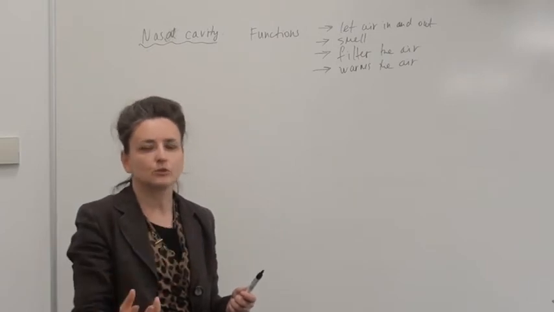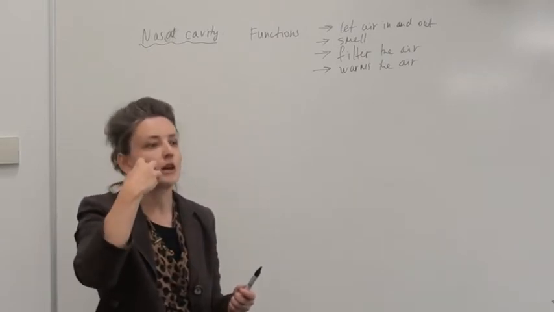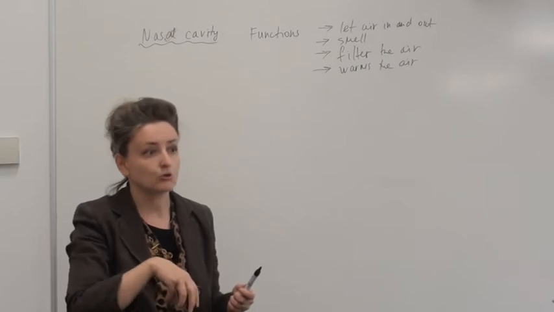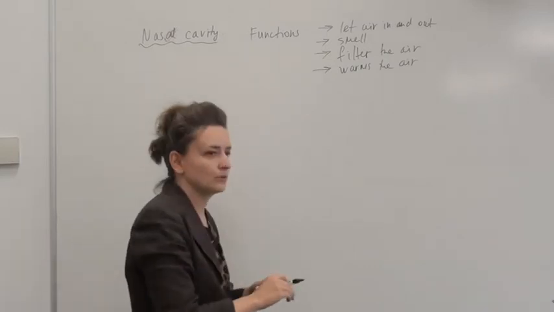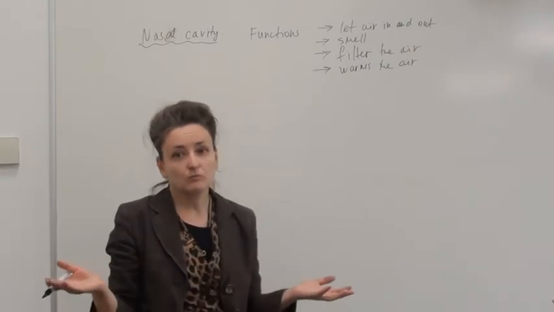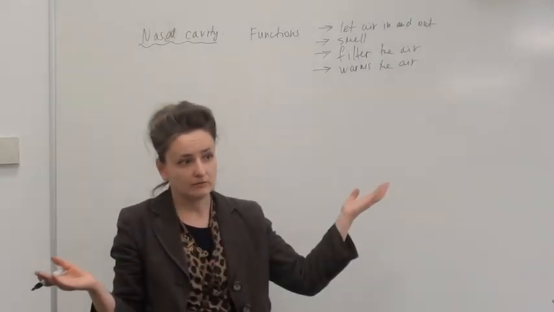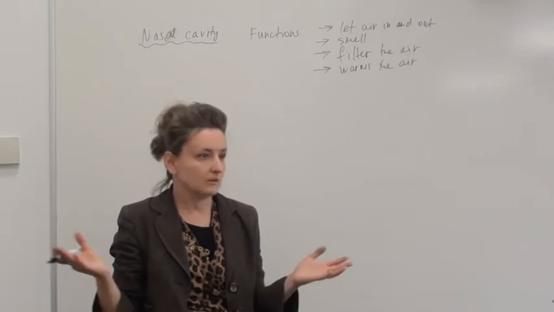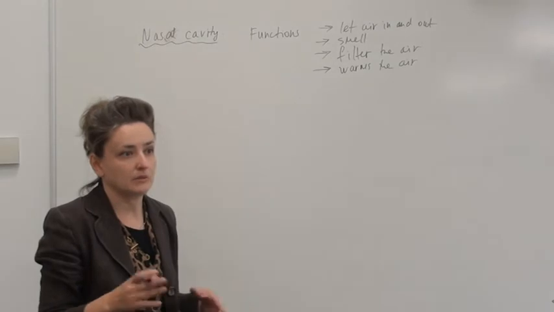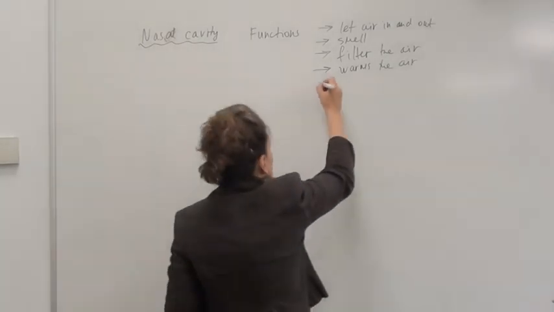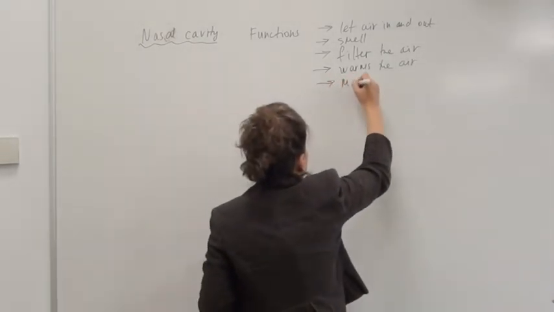You cannot afford to get dry air, and for that dry air to reach your lungs and dry out the layers, the inside of alveoli. So therefore we also need to moisten the air. As I said, not much of a problem here. We have very high humidity, but that's not the case in all the different climates. So our body needs to be adapted for all sorts of circumstances. So it also needs to moisten the air.